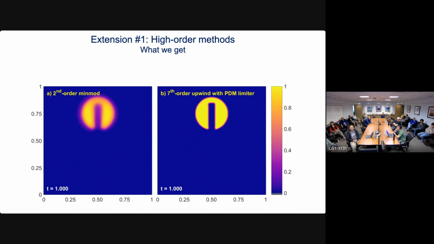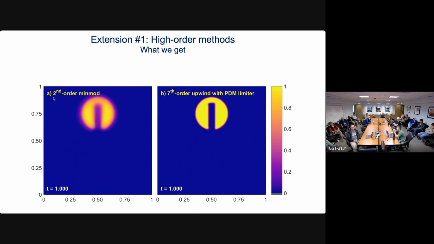A question about that. If you keep running it, obviously the second order method is going to show more fuzz. Does the higher order method start developing more fuzz as well? I mean, how long do you run it before it breaks down? Well, for some very aggressive methods, it will keep the shape very well even after a long period.